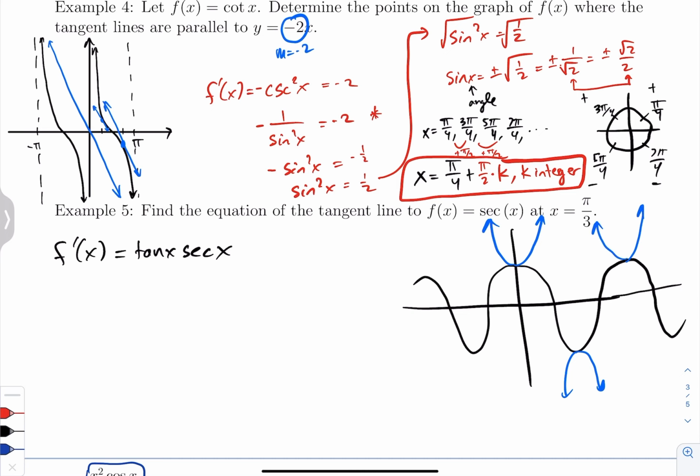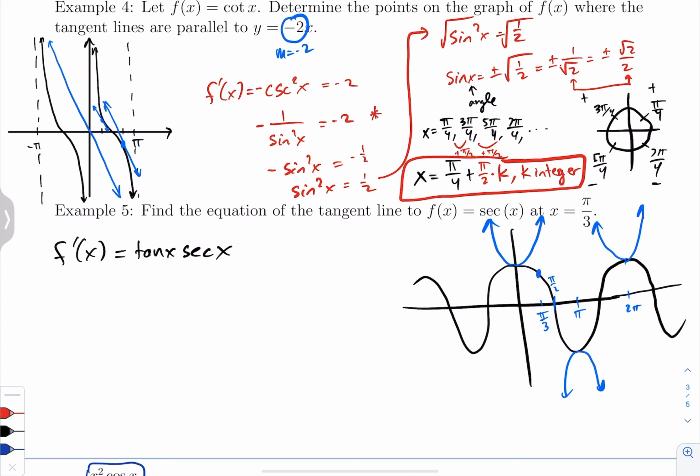Okay, and we want to know at pi over 4. Well, cosine, there's 2 pi, there's pi. So pi over 3 is closer to pi, so this is pi over 4. No, what am I doing here? This is pi over 2. So pi over 3 is something like right there.